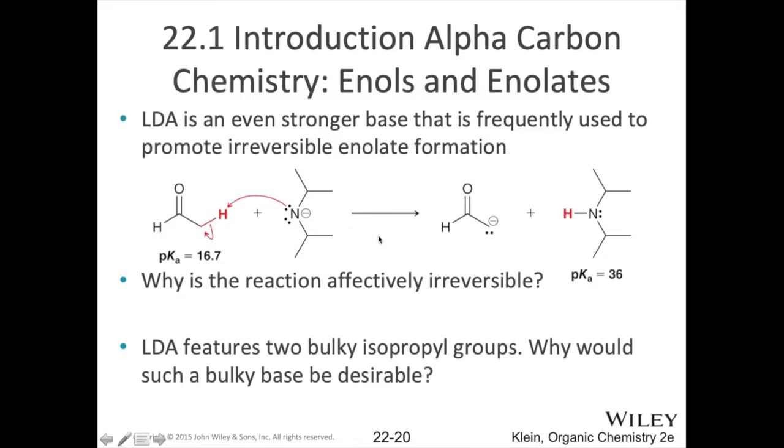So basically, we've got these two bulky isopropyl groups, and it makes this act just as a base, right? You'd want to avoid having a base that's too nucleophilic because it might attack that carbonyl of our aldehyde or ketone instead of acting as a base and making the enolate that we want.